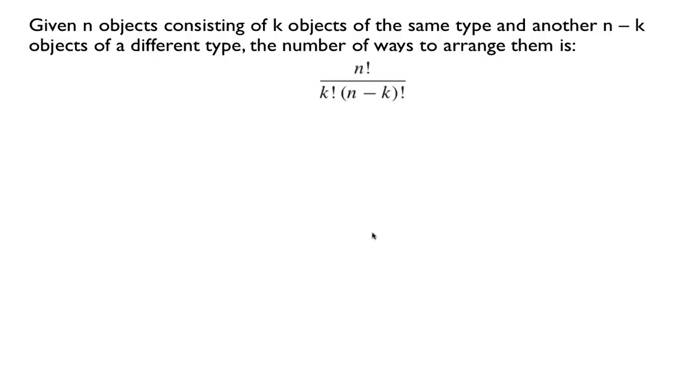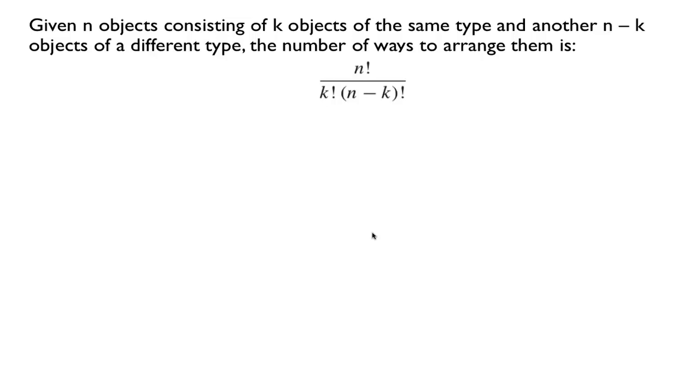My n is 10 marbles, I have 10 marbles in the box. K of them are of one type and n minus k of a different type. In that example, k was 1, so 1 of them was red, and 10 minus 1 was 9 of them green. So remember, k and n minus k add up to n.